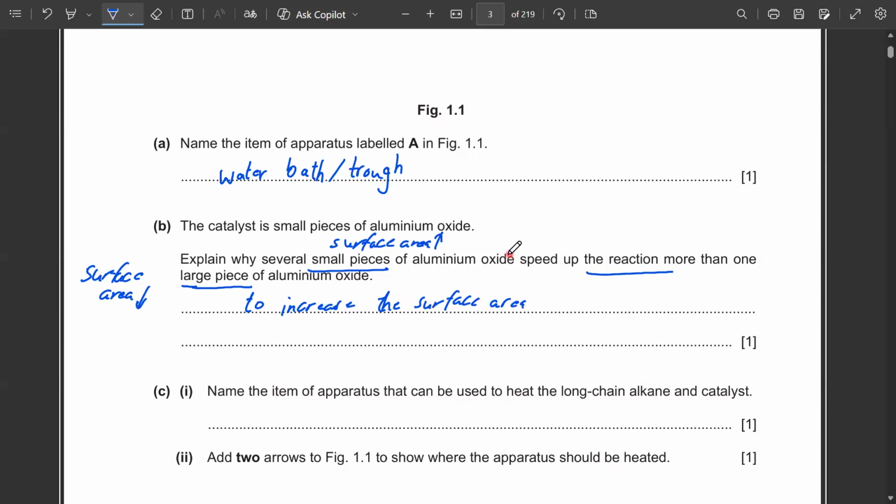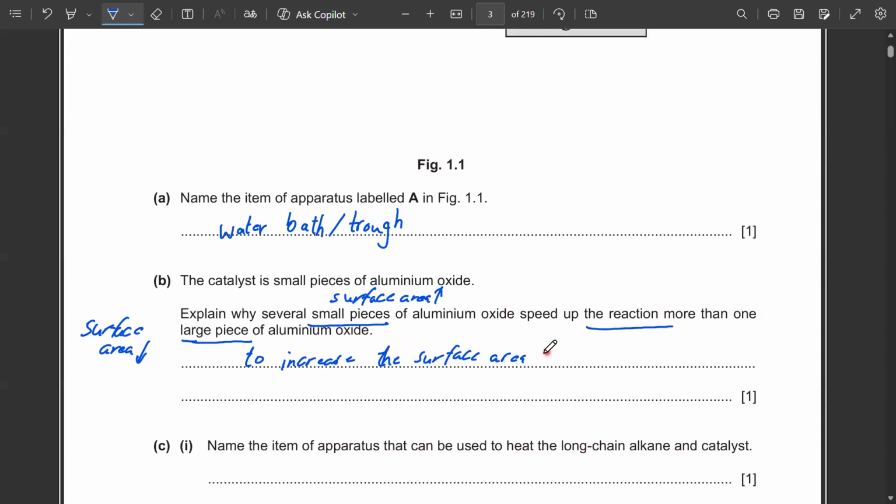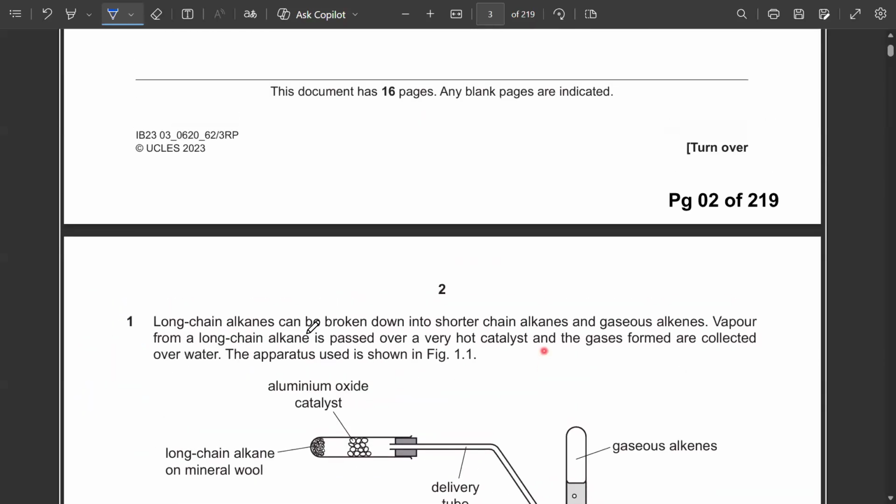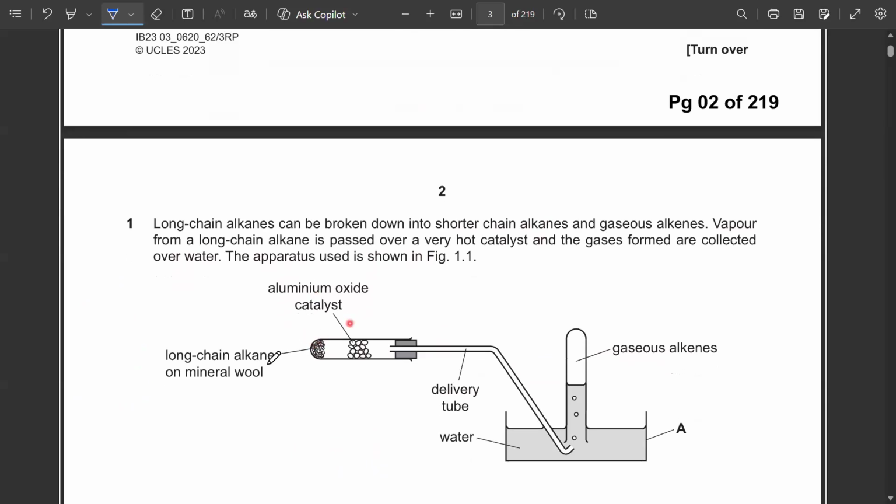Then our next part, C part 1. Name the item of the apparatus that can be used to heat the long chain alkane and the catalyst. So how can we provide heat to the long chain alkane over here? What do you think? How can we provide the heat?